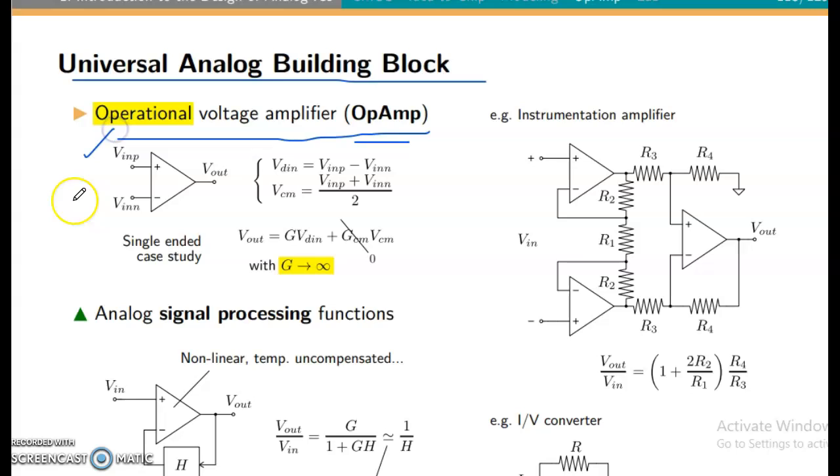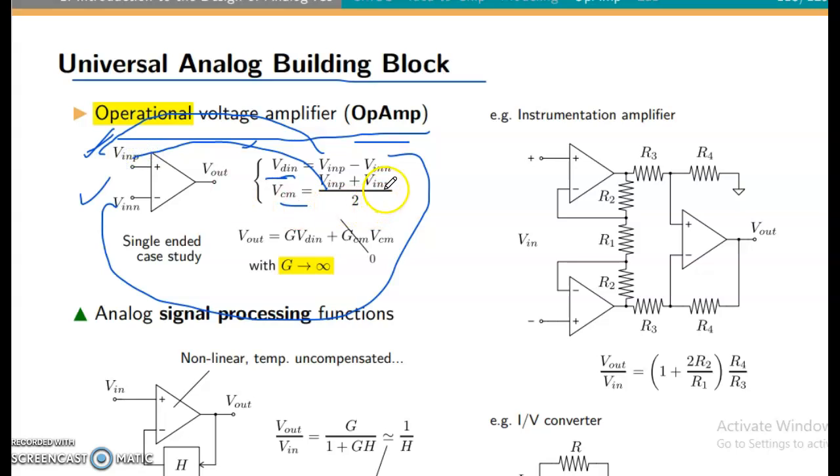So V_in P is positive, V_in N is negative, and there is V_out. V_D_in equals V_in P minus V_in N. It means V_in P is positive, V_in N is negative, V_out. Here V_CM equals V_D input.